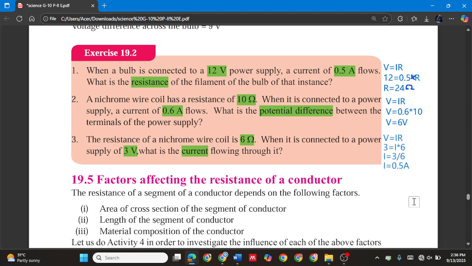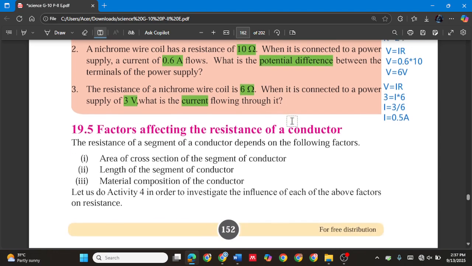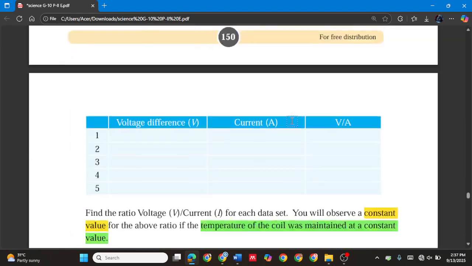So this is the answer for that question. Okay, so V equals IR, V is 3 and R is 6, and when it comes to I, it means 3 over 6, that means 0.5 amperes. This is how we are going to solve the questions which we are getting from this part.